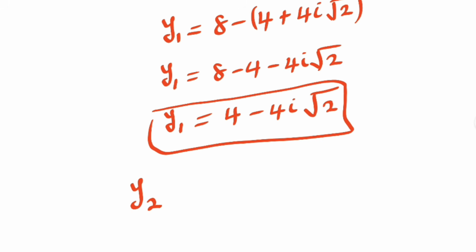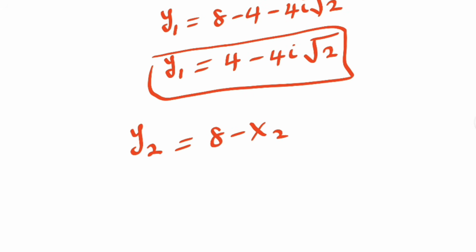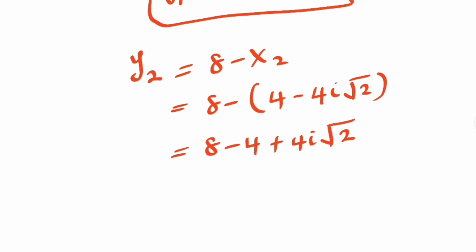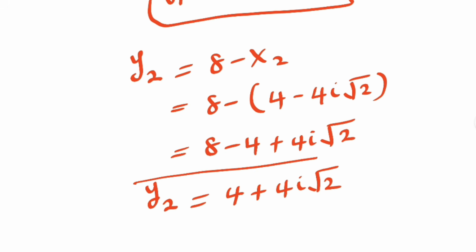Also, y2 is equal to 8 minus x2, this is 4 minus 4i root 2. This is equal to 8 minus 4 plus 4i root 2. y2 is equal to 8 minus 4, this is 4 plus 4i root 2. This is the value of y2.